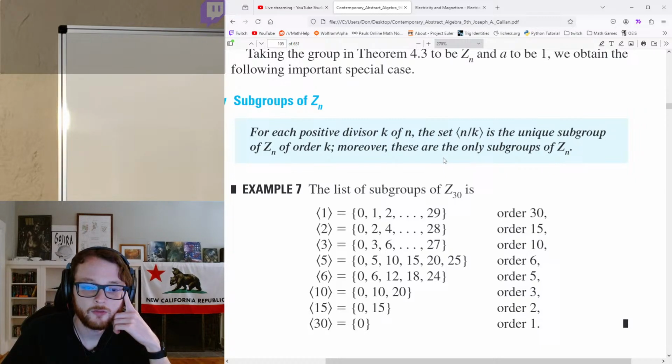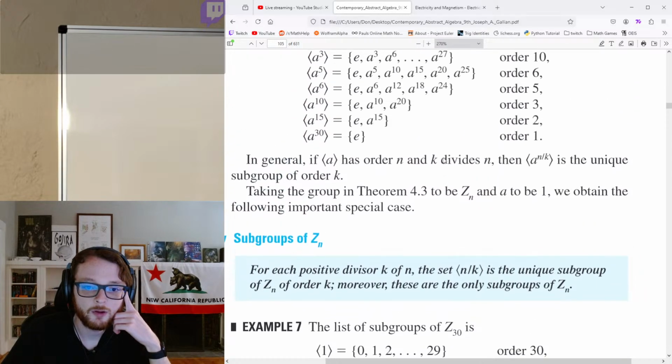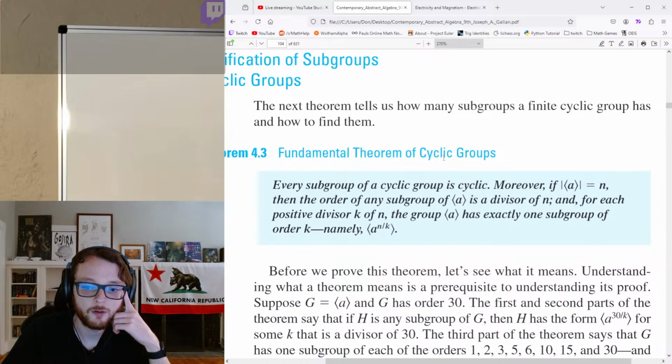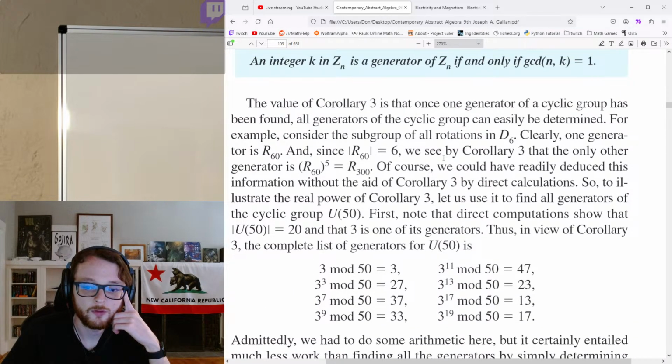Set n over k is the unique subgroup. No, I think you have to do it the way that I did it, just finding the GCD part manually, I guess, because I don't see a better way to do it.